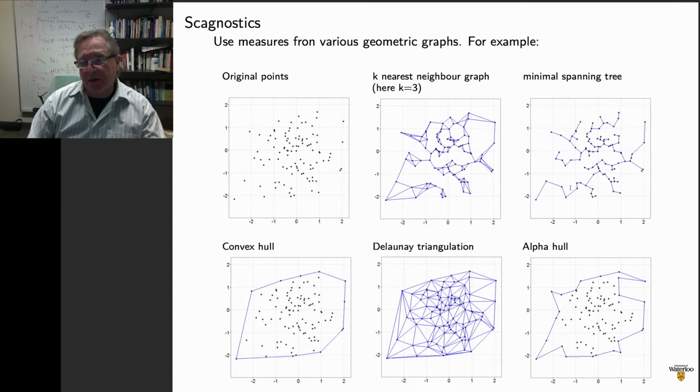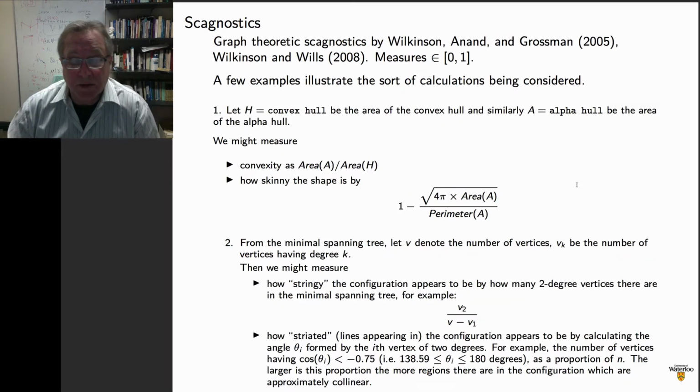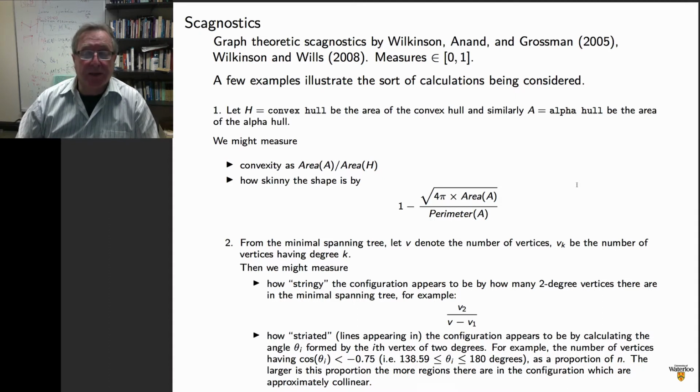So if we look at the angles formed here and have some summary of that, we might use that summary to talk about the fact that there are many lines in the data set. They don't care about the orientation, it's just the degree of the angle made by the 2-degree nodes.